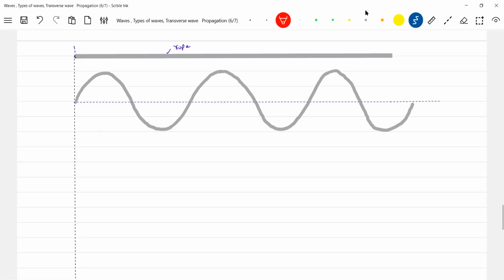We'll take some several points. We'll designate some points here. There's a 1, 2, 3. 24 points are there. What are those 24 points?